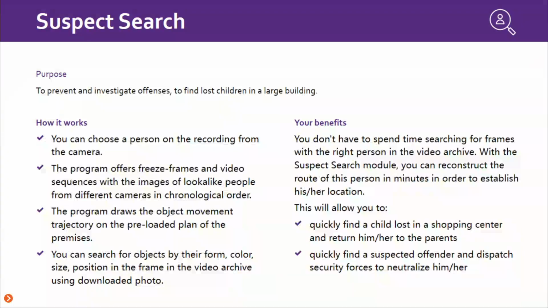Suspect search is another intelligent module which will help you to investigate and gather evidence of anything that has occurred in the premises where TMS is running with an Ultra license.